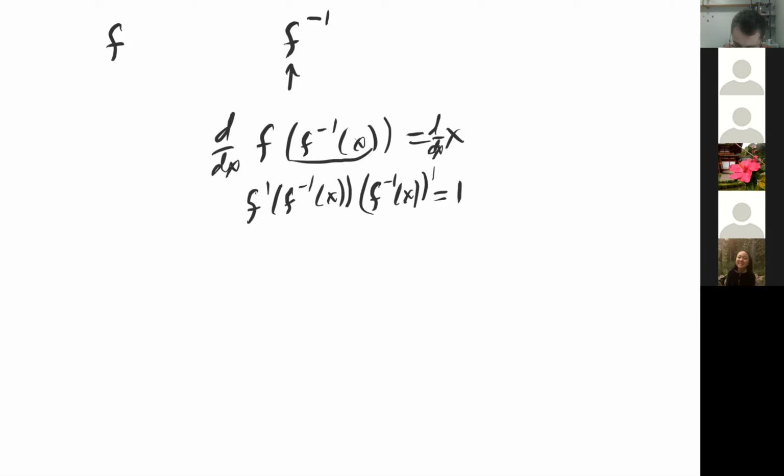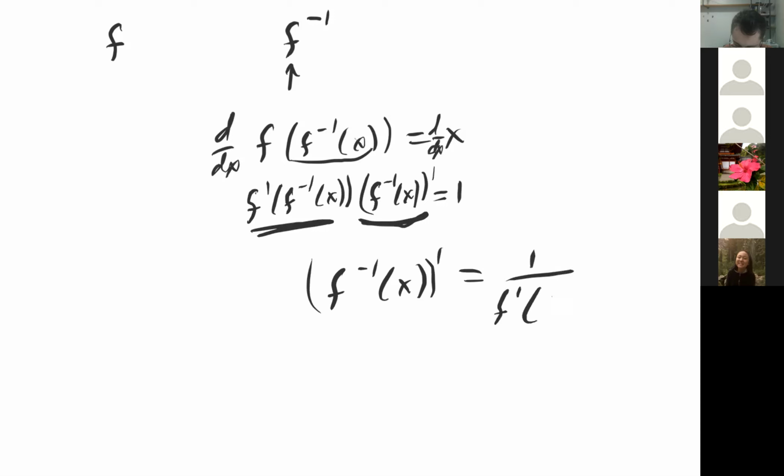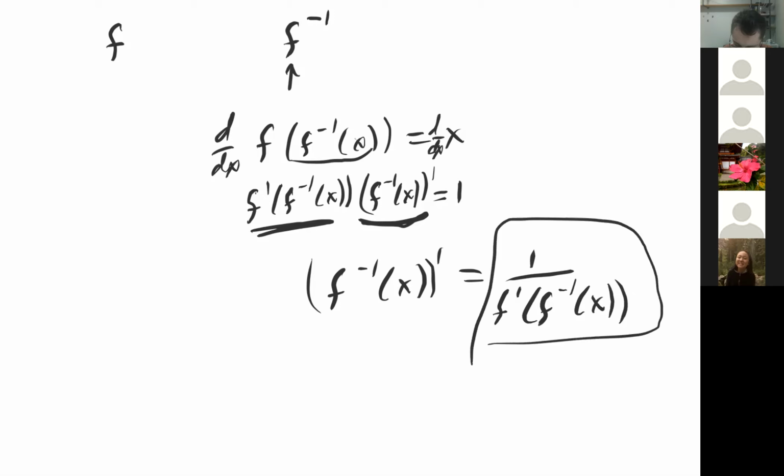Okay, so this is exactly what we want. So what do we do? We just divide. We get f inverse of x prime is equal to, so divide out by this thing, 1 over f prime of f inverse of x. Okay, and that's your formula that you maybe memorized in the past.